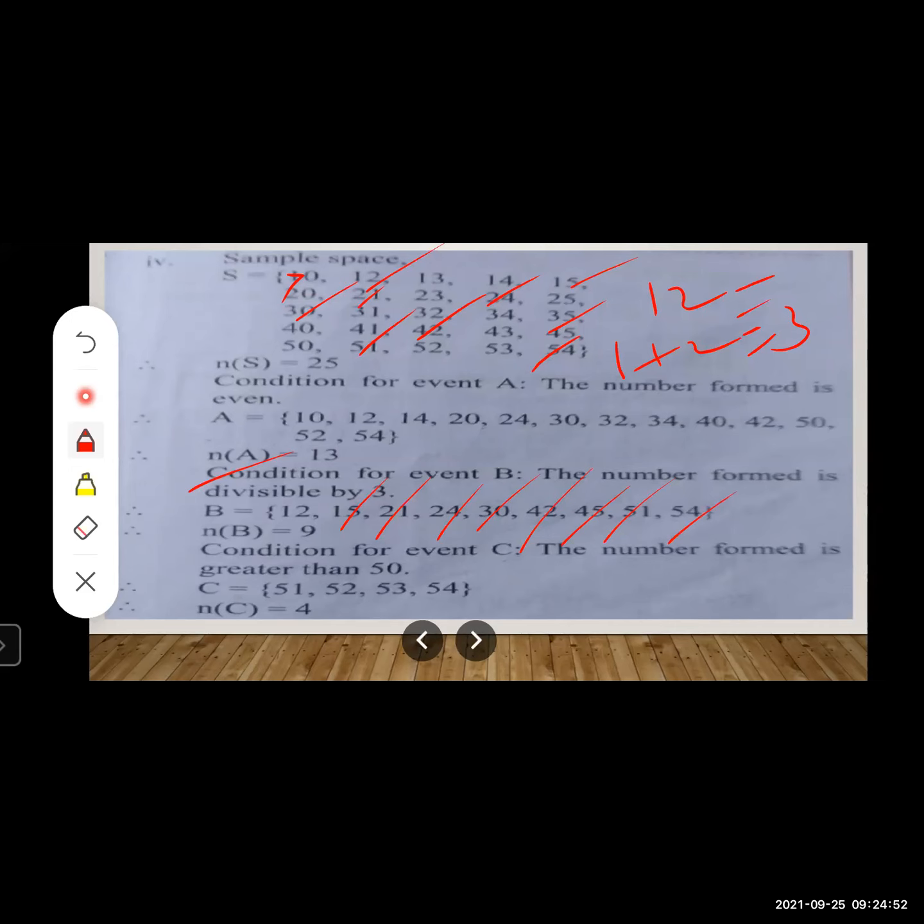So number 54 is also divisible by 3. In this way, you can use the test of divisibility of 3 for 3-digit numbers or some bigger numbers, right, students? Okay. So when you count this for event B, the favorable outcomes come out to be 9. Yes, 9. If you count this: 1, 2, 3, 4, 5, 6, 7, 8, 9.